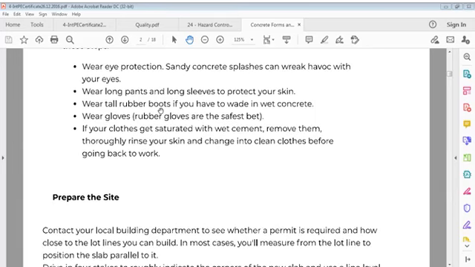Wear tall rubber boots if you have to wade in wet concrete, or gumshoes we generally use. If your clothes get saturated with wet cement, remove them, rinse your skin thoroughly, and change into clean clothes before going back to work.